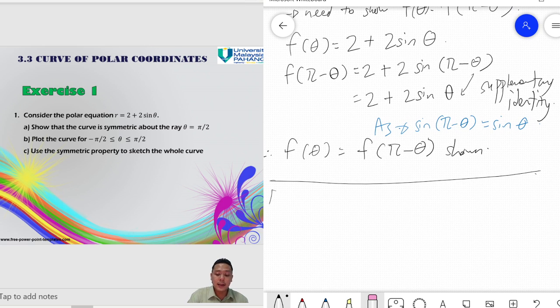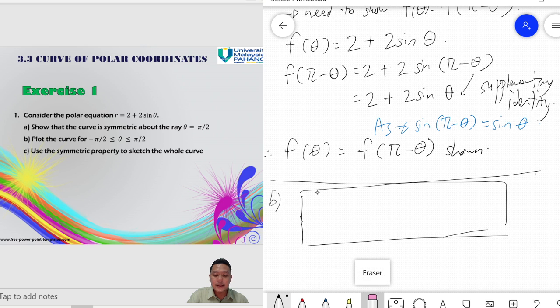Now comes the major question, that you need to plot it for theta from negative pi over 2 until pi over 2. My suggestion again, if you don't have the idea, why not use a table to plot it first.